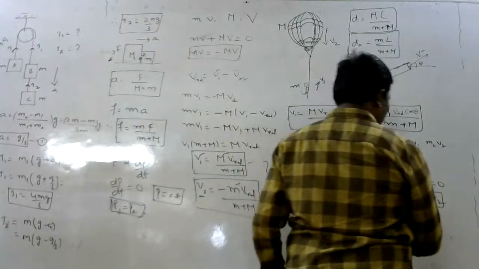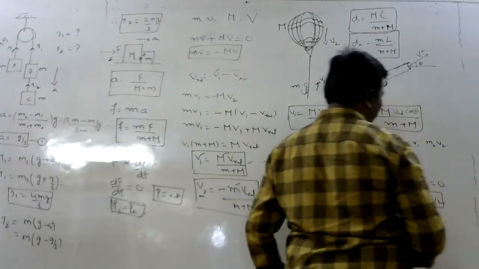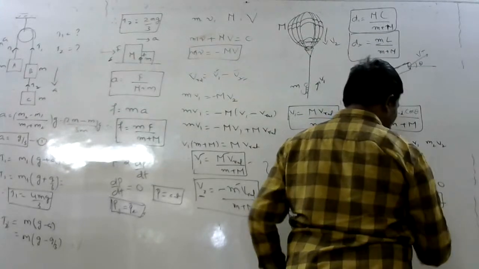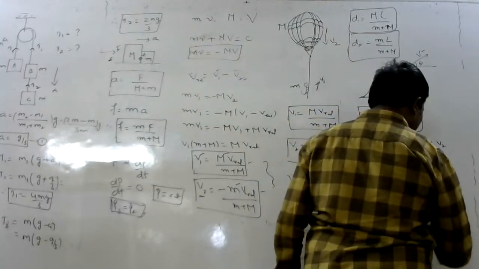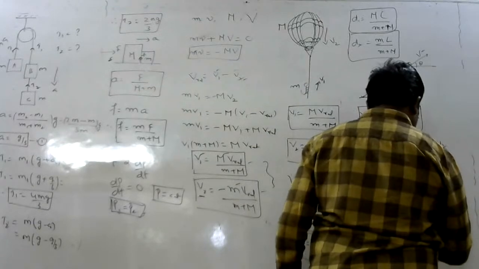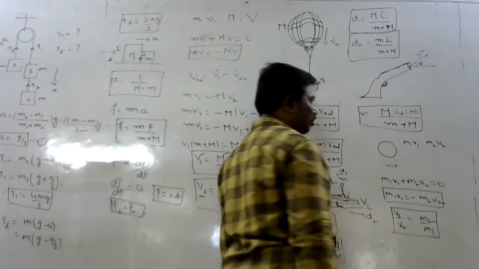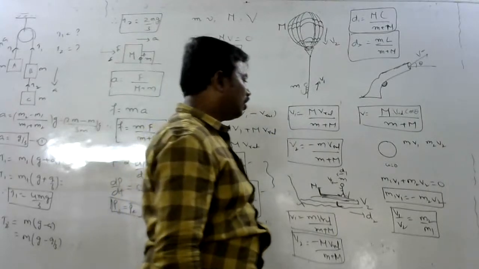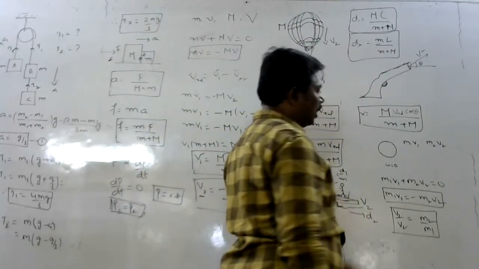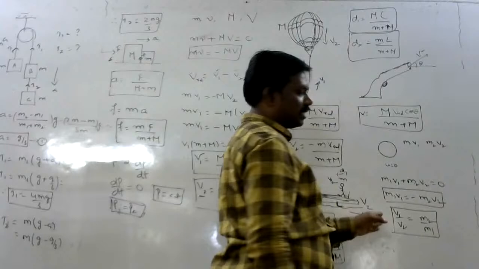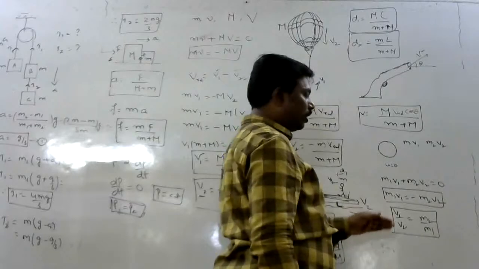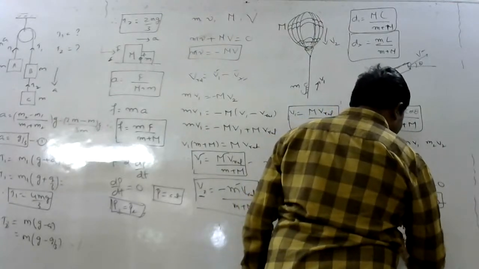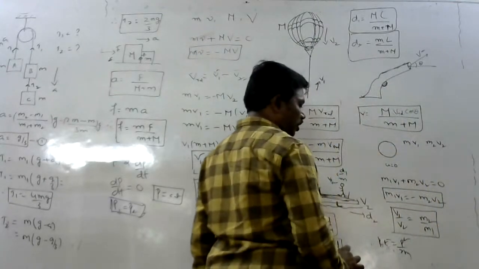Try to keep these important applications in mind. Here, velocity ratio v1 by v2 is equal to m2 by m1. And ratio of kinetic energies. So momentum is constant. So kinetic energy KE is equal to P square by 2m.